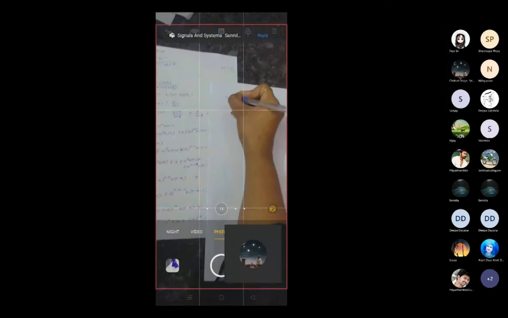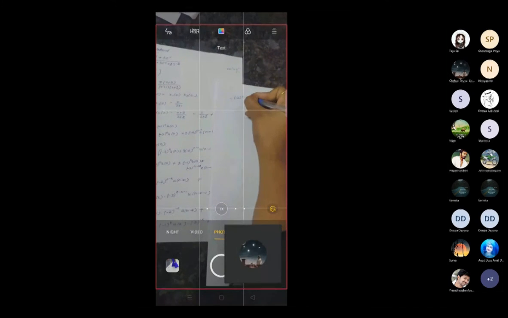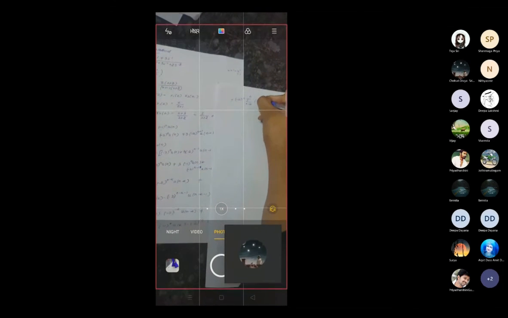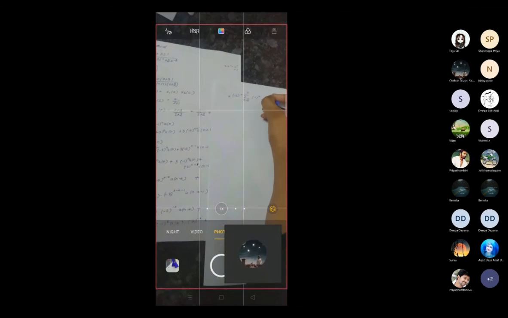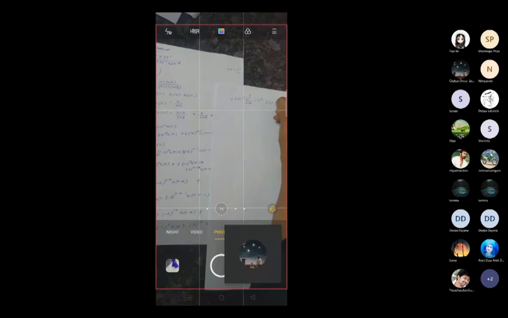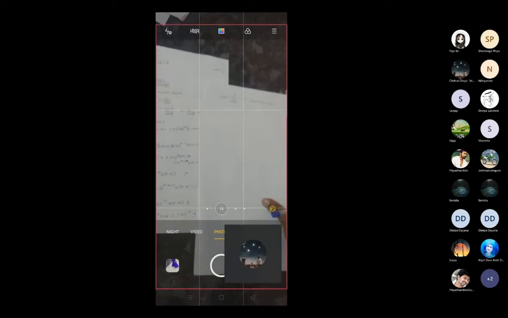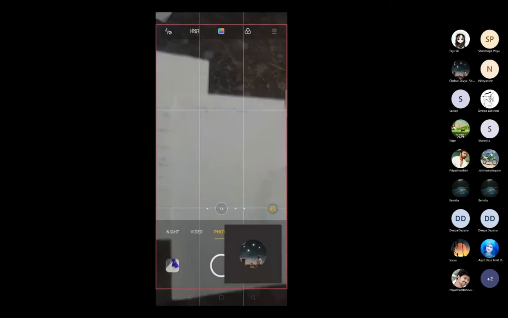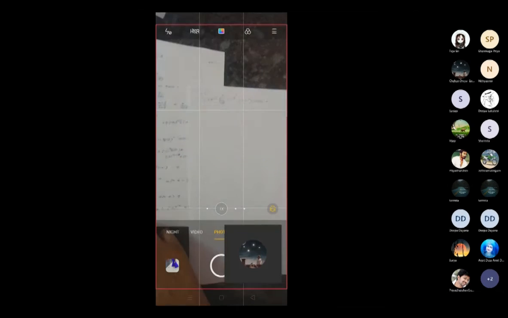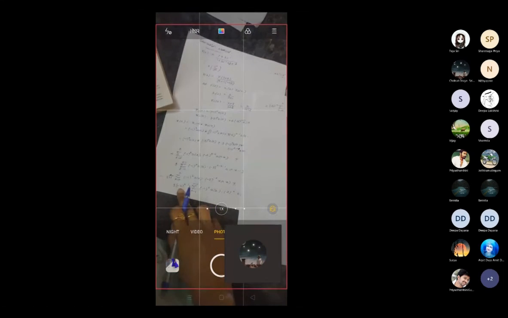So you will get (-2)^n summation k equal to 0 to n minus 1, (-1)^k into (-2)^(-k) into u[n-k], plus this term plus this term.